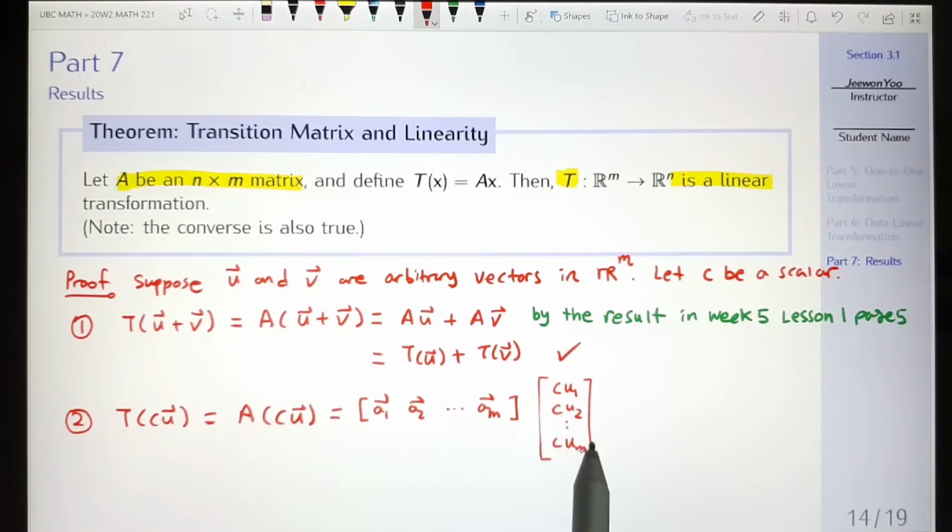Do you agree? Then this is nothing more than a linear combination. For instance, the first scalar times the vector A1, the second scalar times the vector A2, up to the last scalar times vector AM.